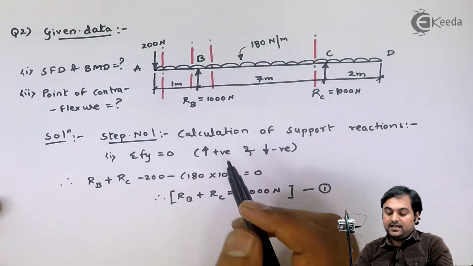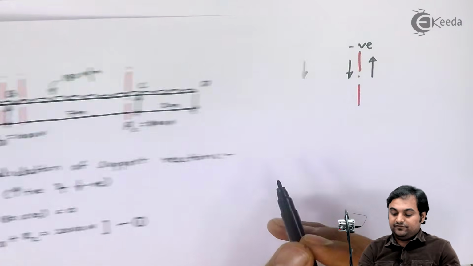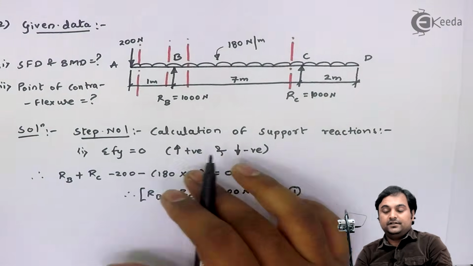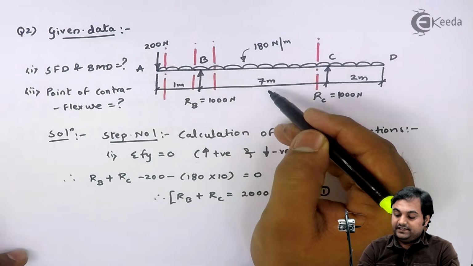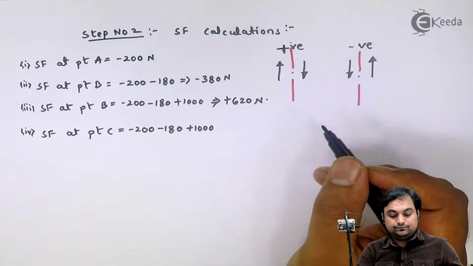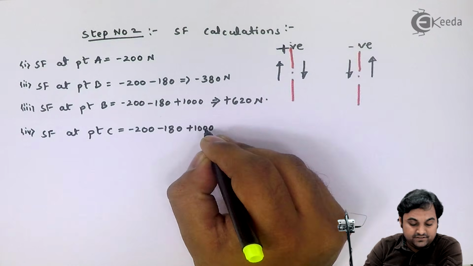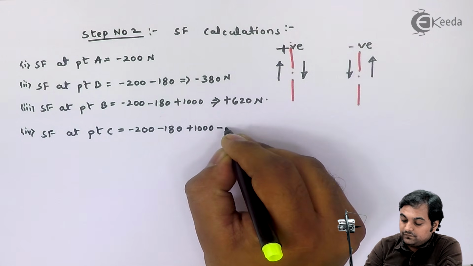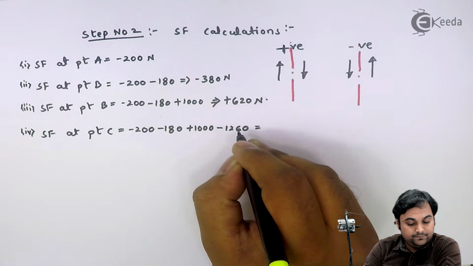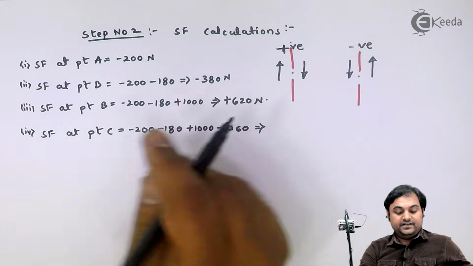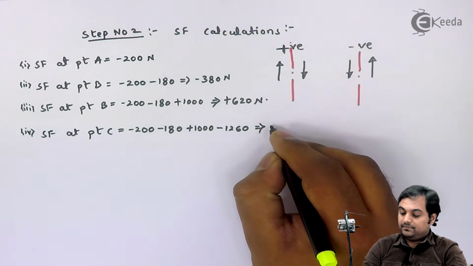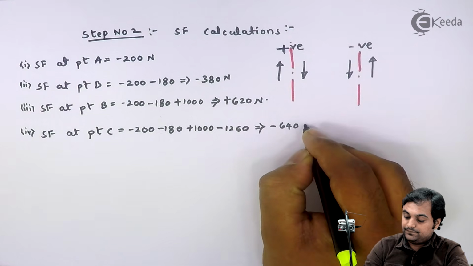Next, I have RB as upward, so positive, plus 1000. Then I have 180 into 7, that is negative 1260. The value which I get here comes out to be minus 640 Newton.